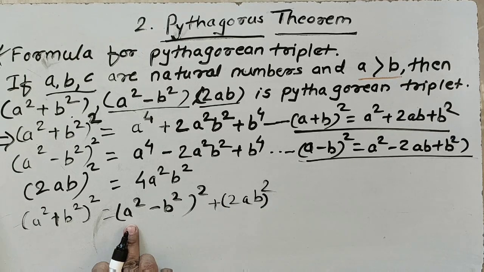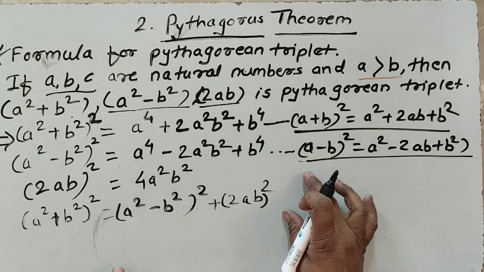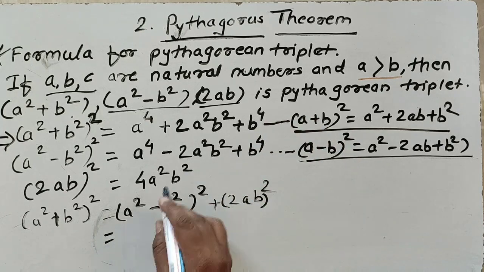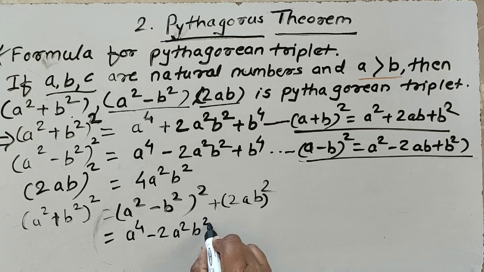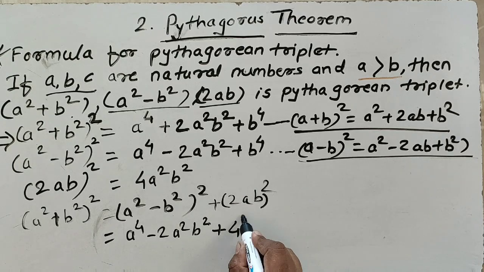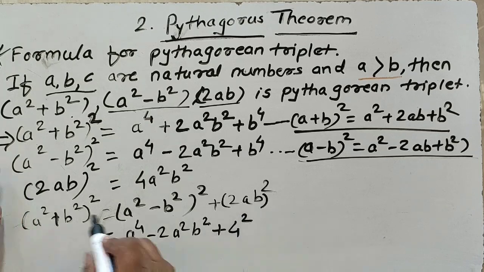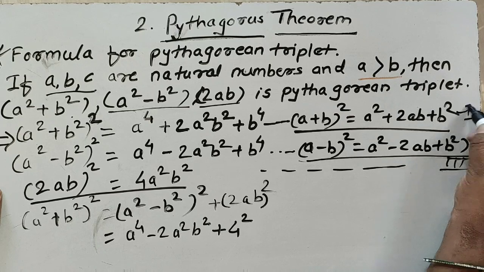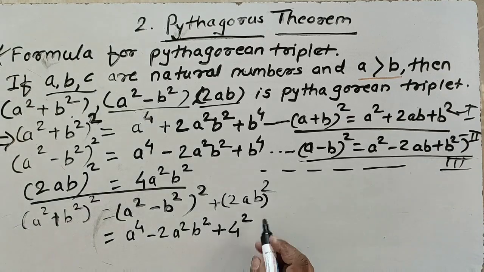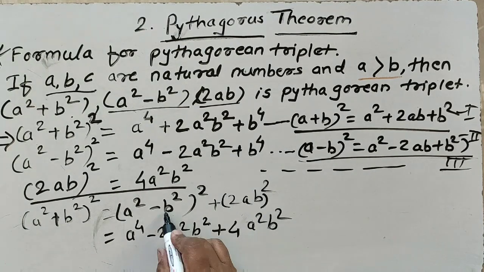Okay, so its factorization is a raised to 4. If we solve this we will understand, but I will show you how it is. So its factorization is a raised to 4 minus 2 a square b square and plus b raised to 4, and its square is 4 a square b square.